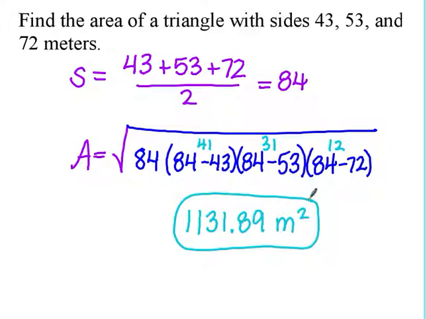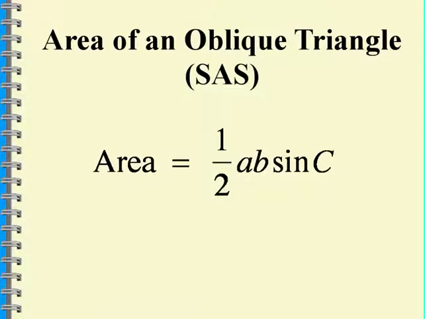Okay, pretty straightforward. Now, since we looked at the law of cosines, what happens if you know the side, angle, side in a triangle? This is the last thing we're going to look at today. Once again, another very straightforward formula. It's not difficult.